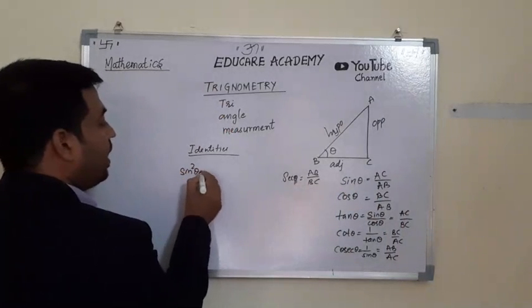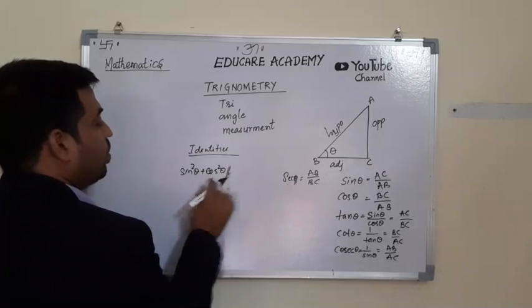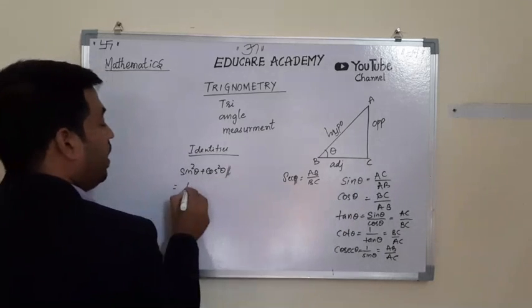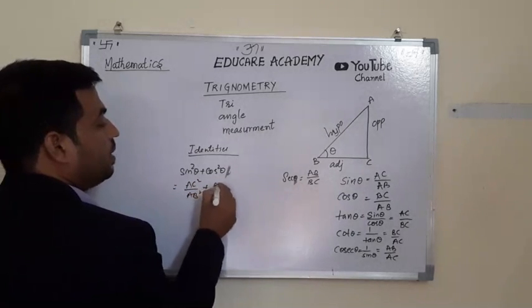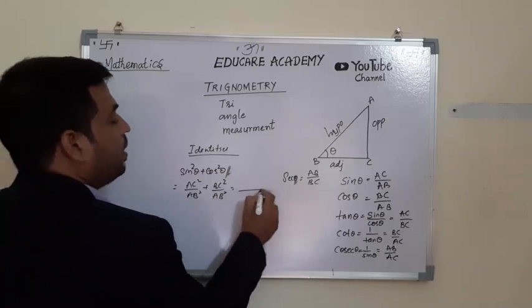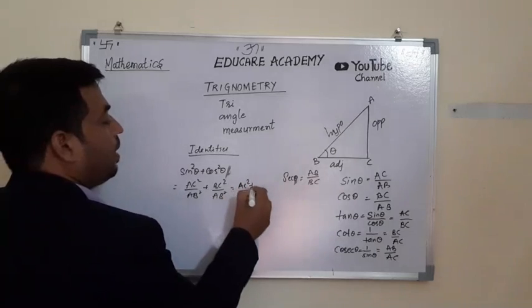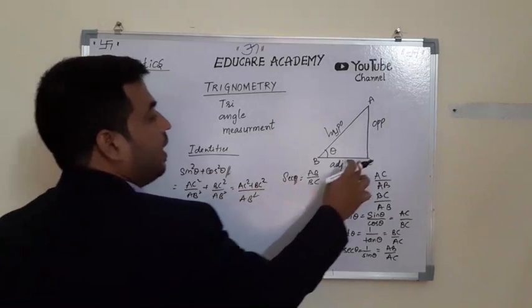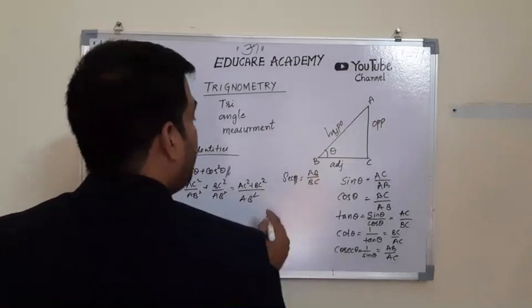Sine square theta plus cos square theta is equal to: sine is AC square by AB square plus BC square by AB square. The common denominator is AB square, and the numerator is AC square plus BC square. What is AC square plus BC square? According to Pythagoras theorem, it is AB square.